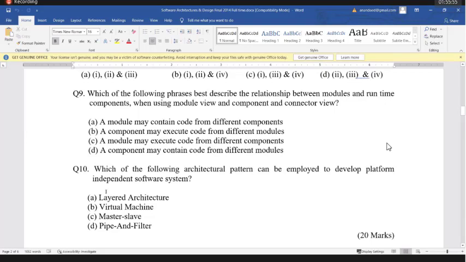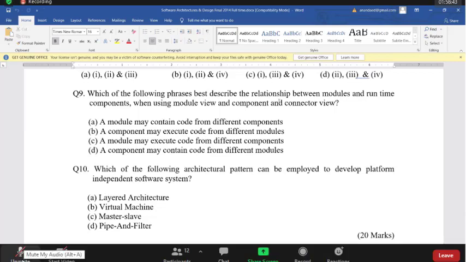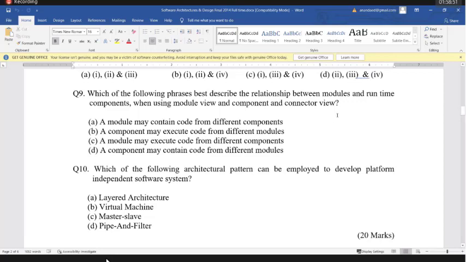In fact, the question is asking what the relation is between the module structure and the component-connector structure. What best describes how you map the module view into the component-connector view?